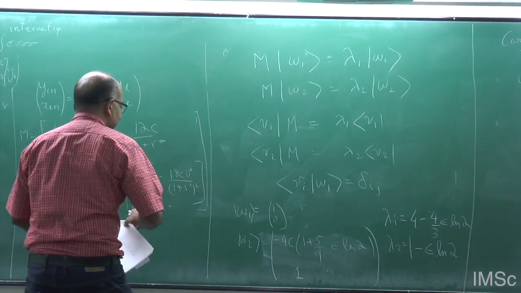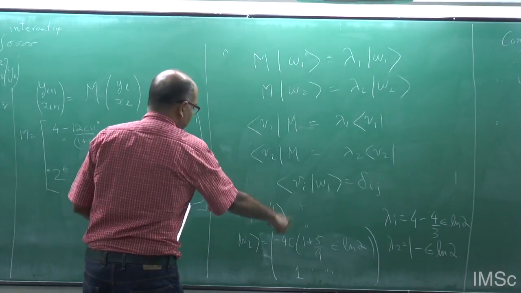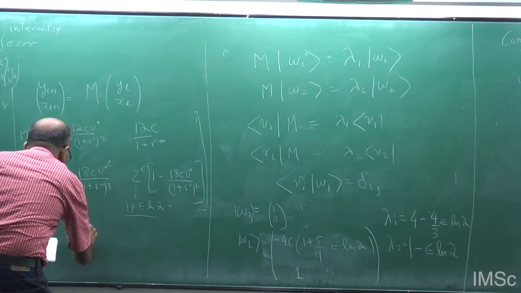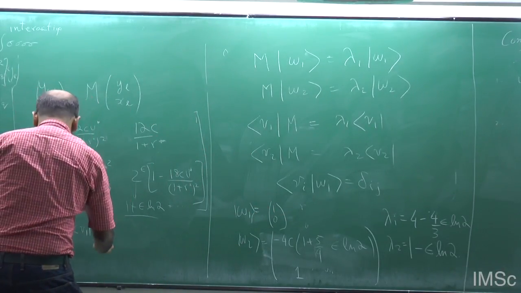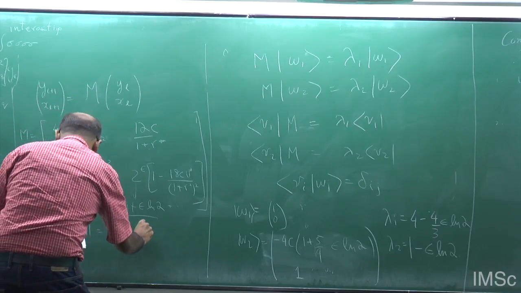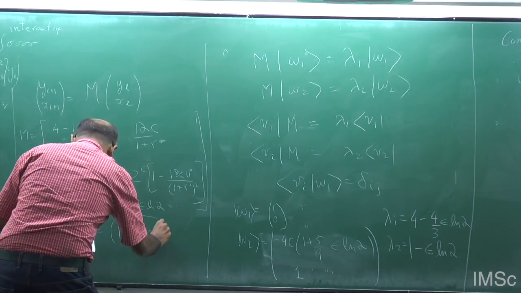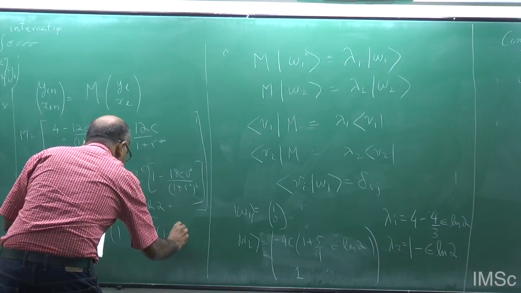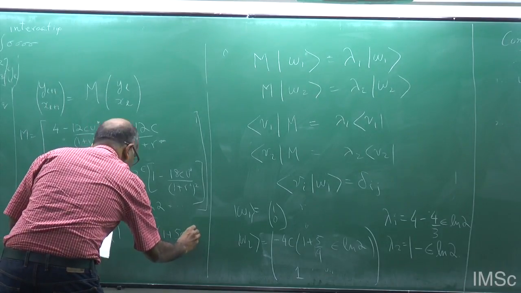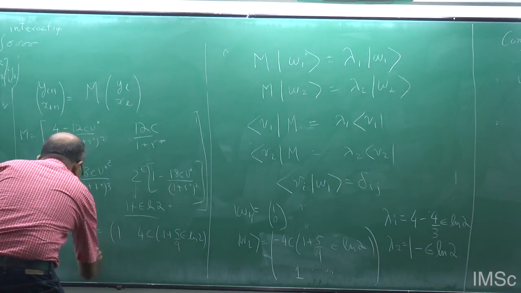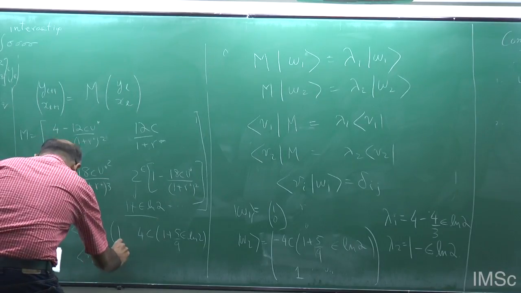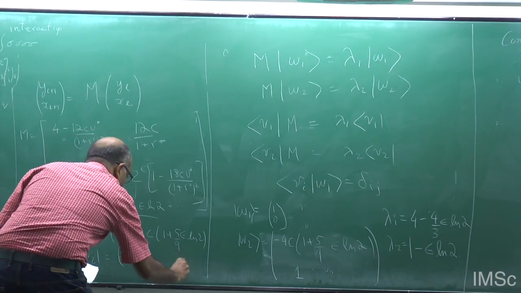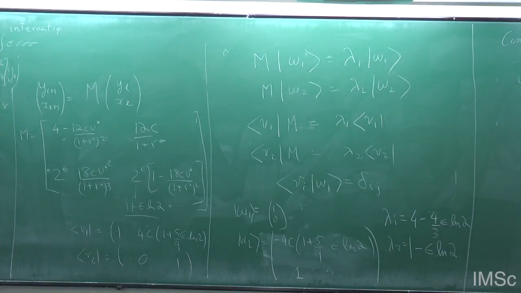But the interesting thing is that the V1 and V2 are not the same. So if I write V1, it turns out to be (1, 4C(1 plus 5/9 epsilon log 2)), and V2 is (0, 1). And you can check this.